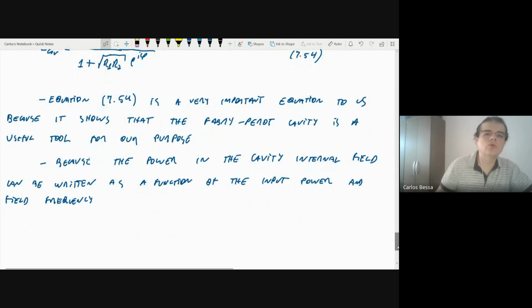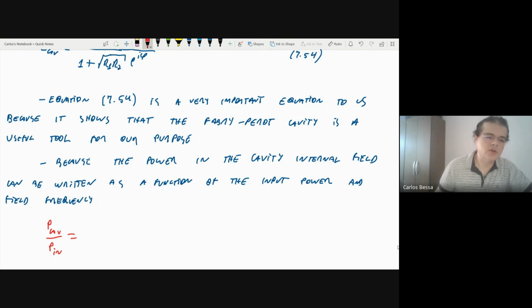Okay, we can write P, the power in the cavity, in terms of the incident power from outside, from the left, outside the cavity.